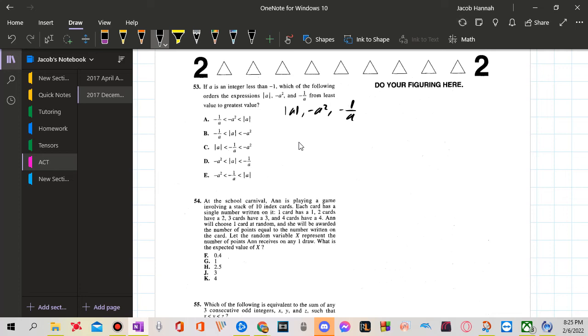Well, you could just plug in -2 into all these. So absolute value of -2 is going to be 2. Negative a squared, when you plug -2 into that, you get 4, but you still have that negative, so that's going to become -4.